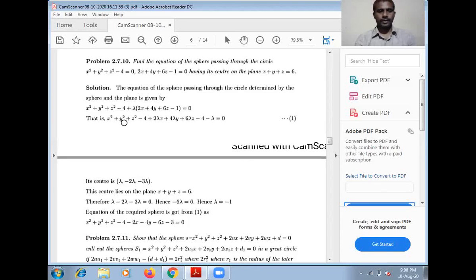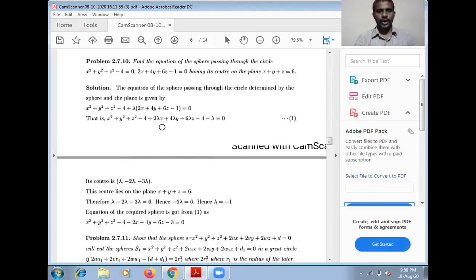Now I am writing in order: x square plus y square plus z square minus 4, plus 2 lambda x plus 4 lambda y plus 6 lambda z, minus 4 minus lambda equal to 0. So now, the center of this equation: compare this equation with the general equation of the sphere x square plus y square plus z square plus 2ux.